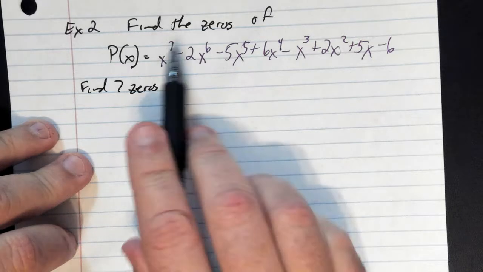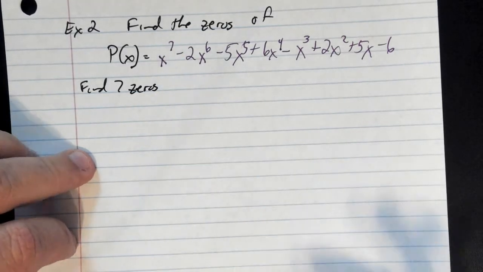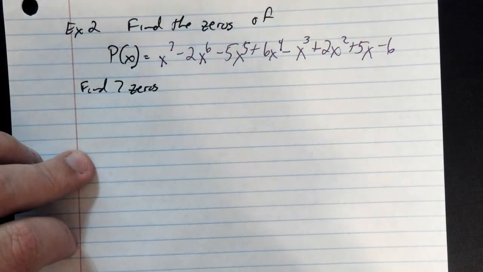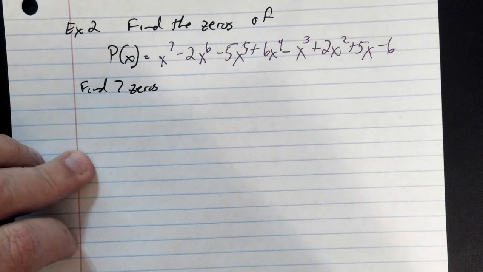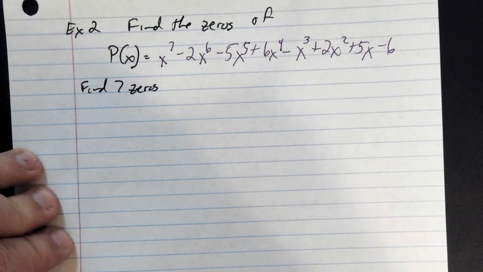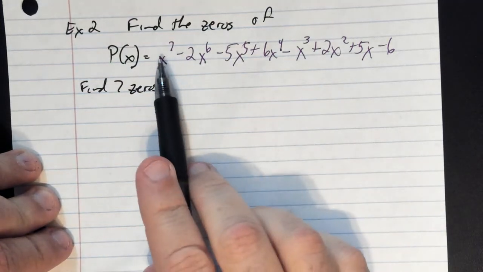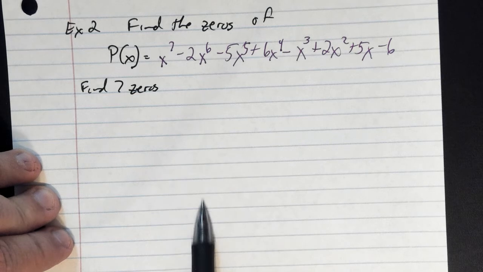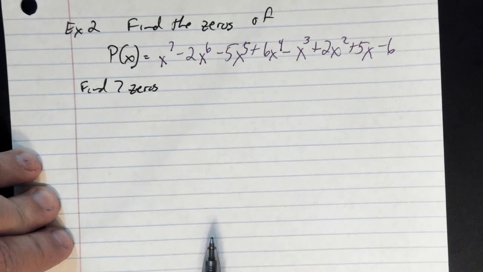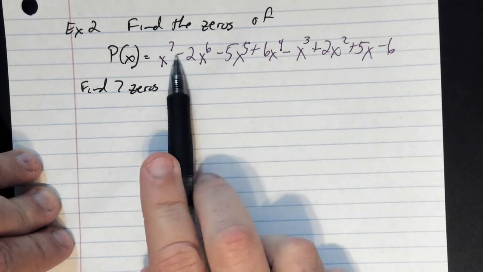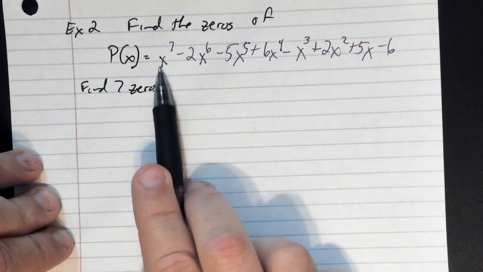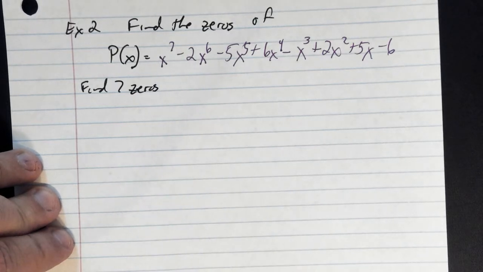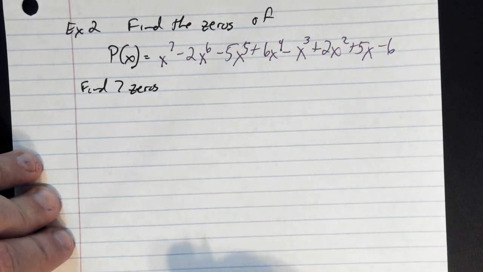Why do I have 7? Because of the degree. So I'm looking for 7. They may not all be real, but we're going to try and find them. I need to do synthetic division all the way down until I get it down to a quadratic. That means I'm going to do synthetic division 5 different times, and we're going to show you how.